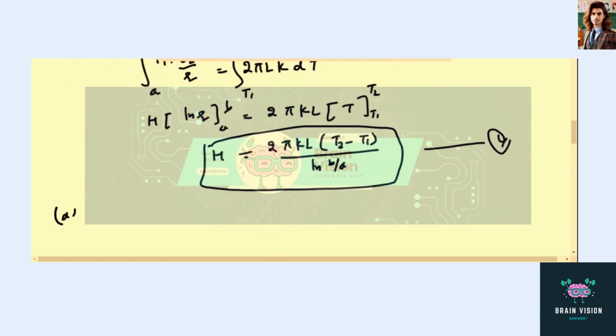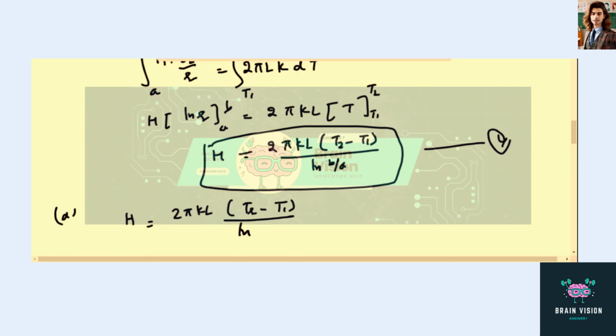D part. Similarly, to calculate temperature as a function of r for cylindrical surface, H will be equal to 2 pi k l T r minus T1 upon ln of r upon a. Method will be the same as we have discussed above.